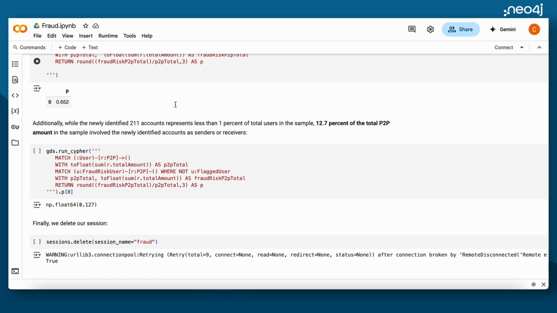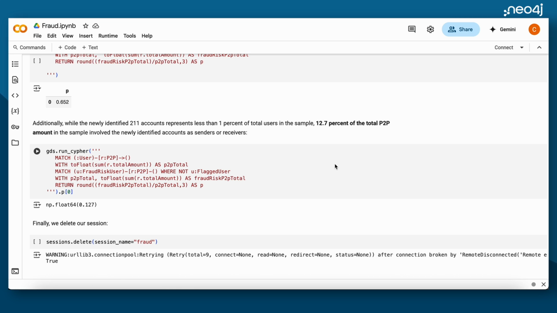So it's good that we've caught them, because we've caught probably around an additional 13% of fraud that we otherwise wouldn't have had. So after that, we end our session and the billing stops, and we can go on to our next bits.